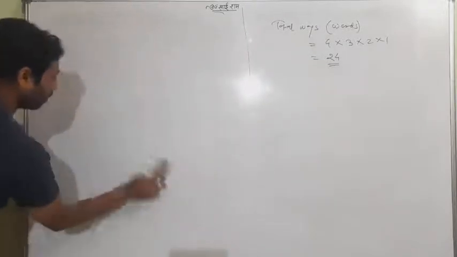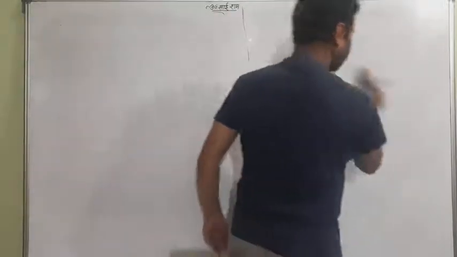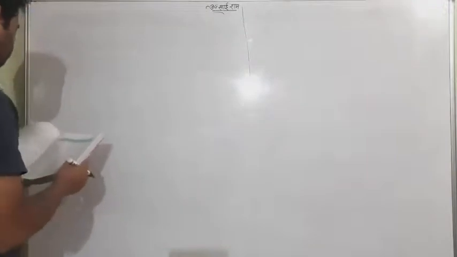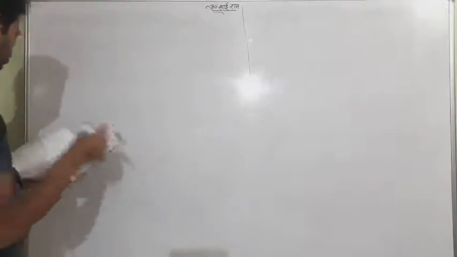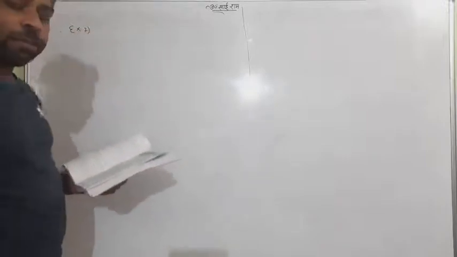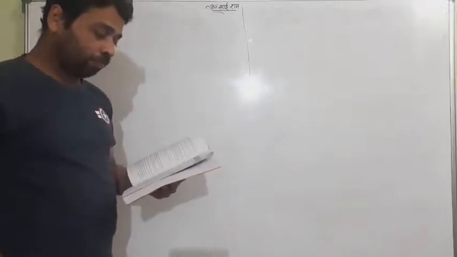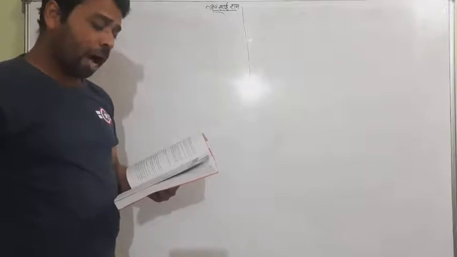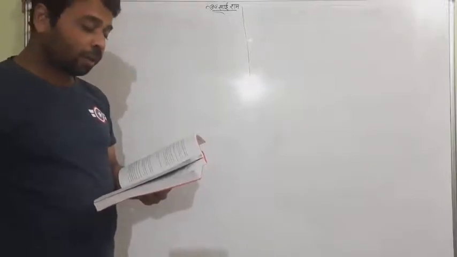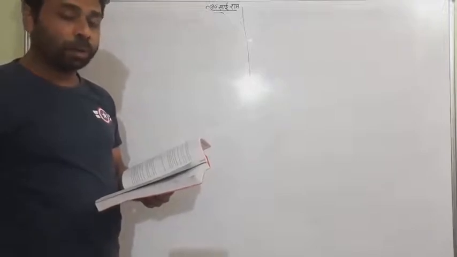Look at question number 2, a very similar question. Example number 2 says, given 4 flags of different colors, how many different signals can be generated if the signal requires the use of 2 flags, one below the other?